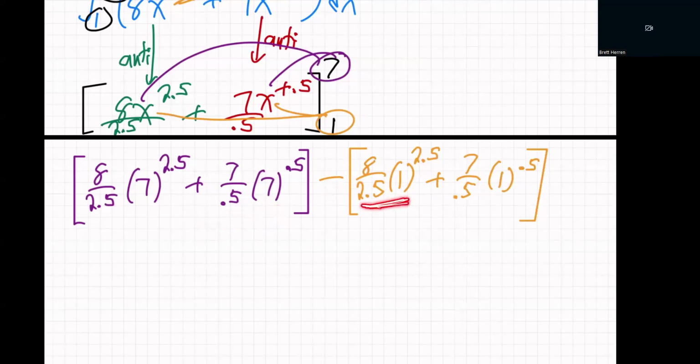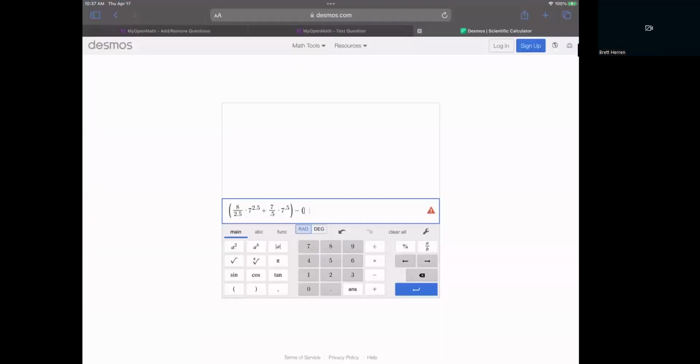And then it's the same beginning, but, oh, this 1 to any power doesn't do anything. That's going to be 8 over 2.5.